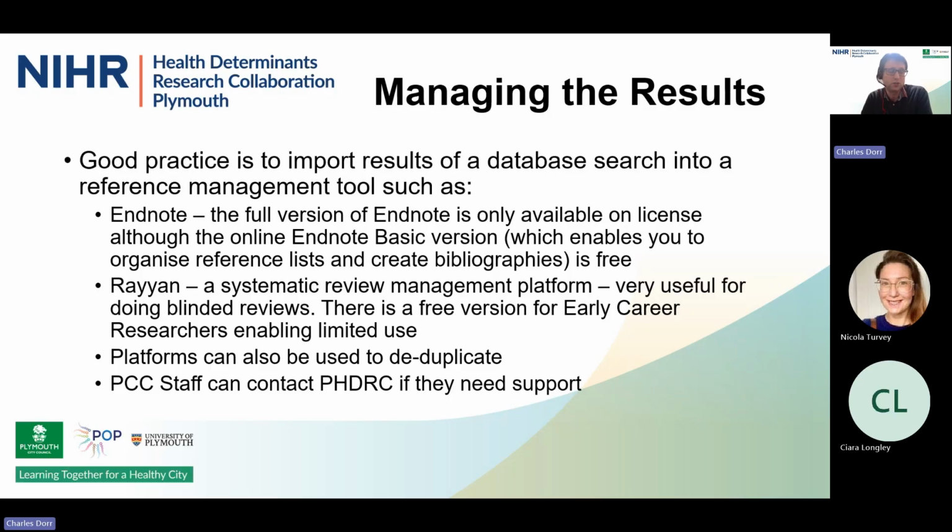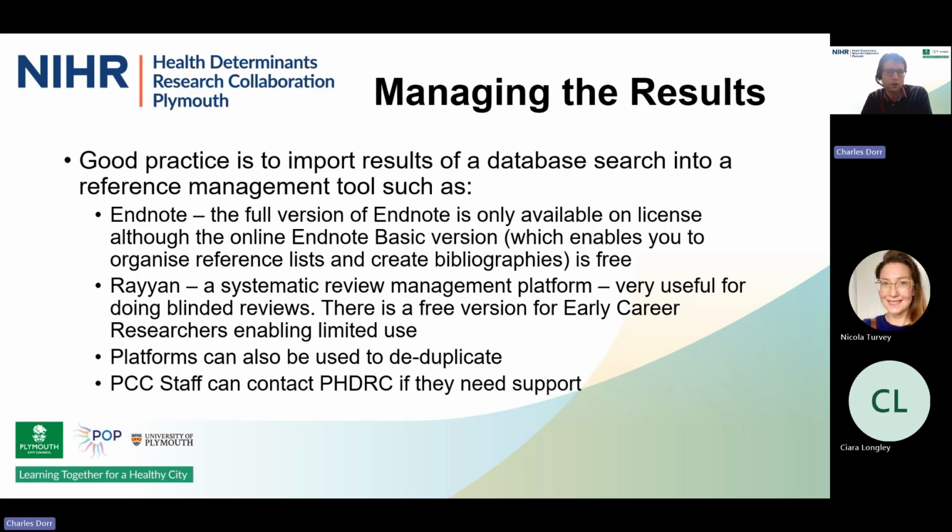EndNote is a really useful platform that exists. We have it with us in the University of Plymouth, but you can get a free online EndNote basic version, which does enable you to organize reference lists and create bibliographies. That is free.